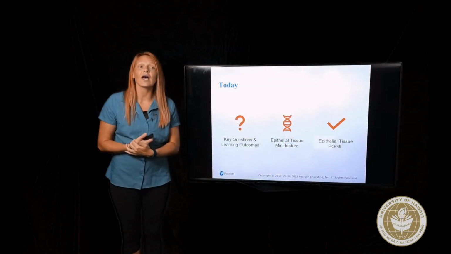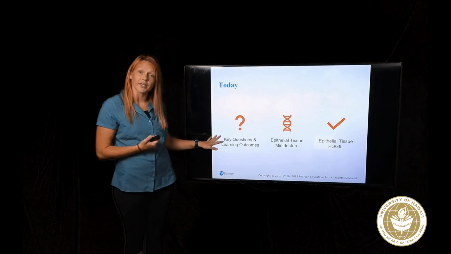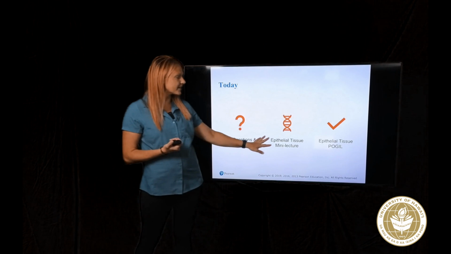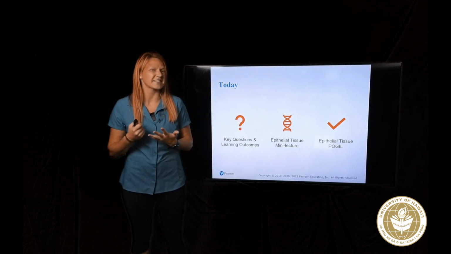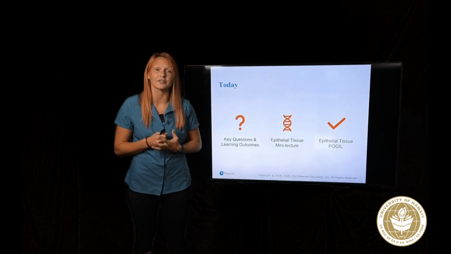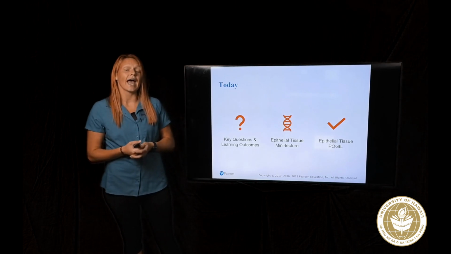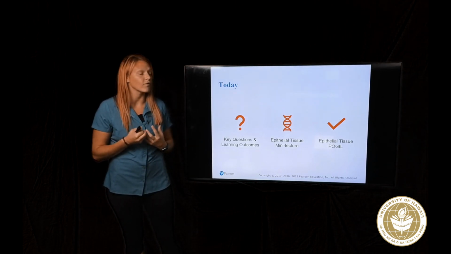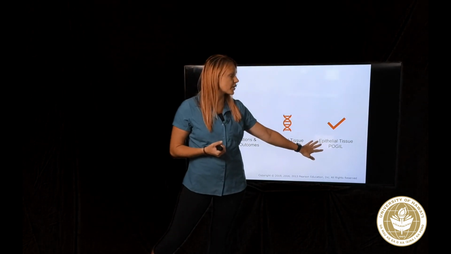So today, I'm going to start off by looking at our key questions and learning outcomes. And then it says here an epithelial tissue mini lecture. So what that means is today's lecture is going to be a little bit shorter than normal. It's not going to take up that whole 1 hour and 20-minute class period. And the reason for that is at the end of the lecture, I kind of go over some of the information for one of your assignments this week, which is your epithelial tissue POGL assignment.